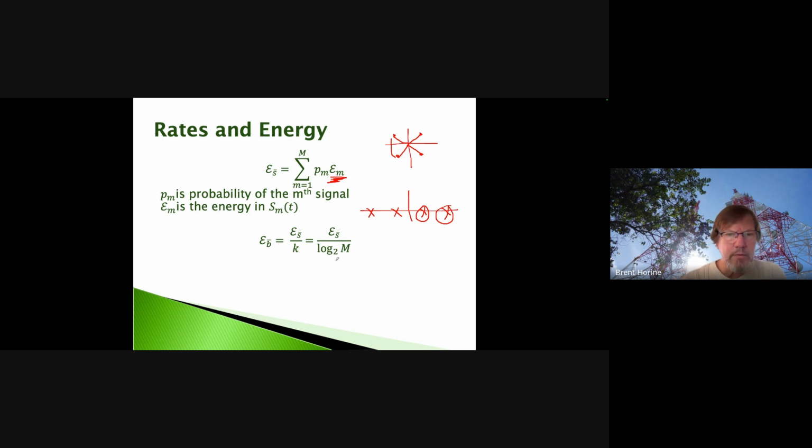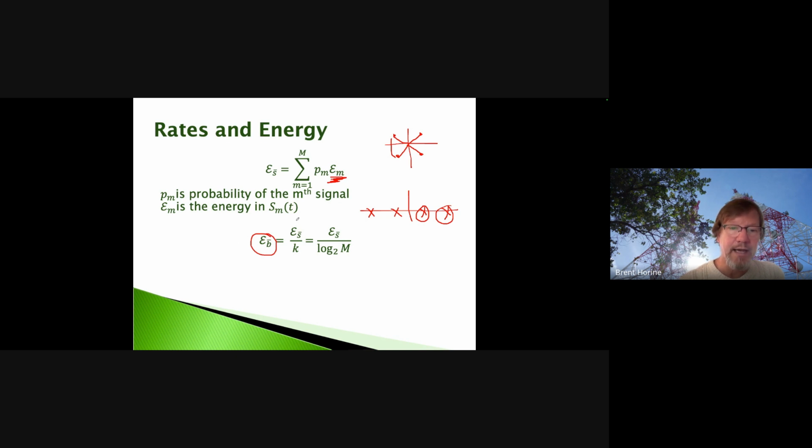Another way of now relating that is to the energy per bit. Again, bits are logical entities, not physical, so they don't really have energy, but it's useful in our analysis and our comparison of different systems to allocate the energy in the symbol to the energy in the bits.